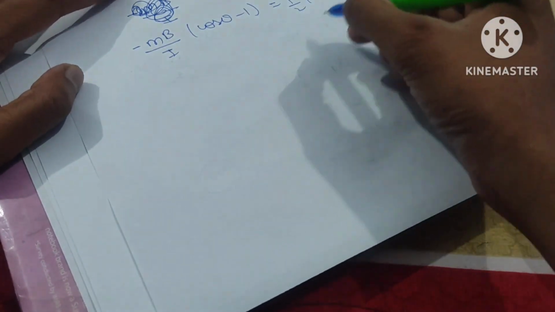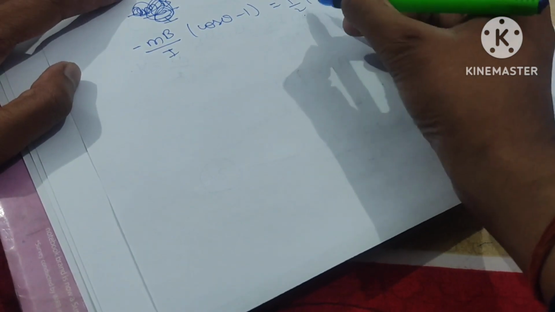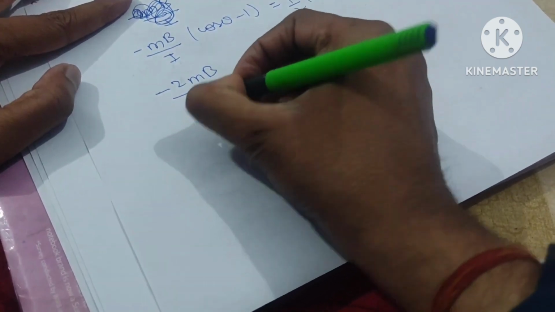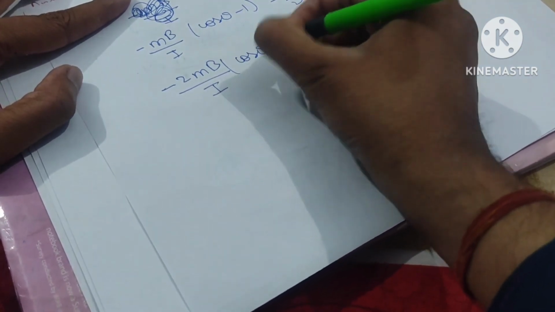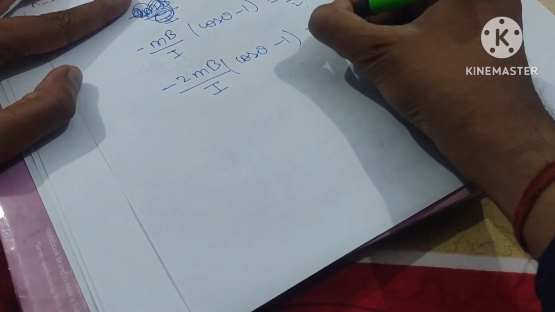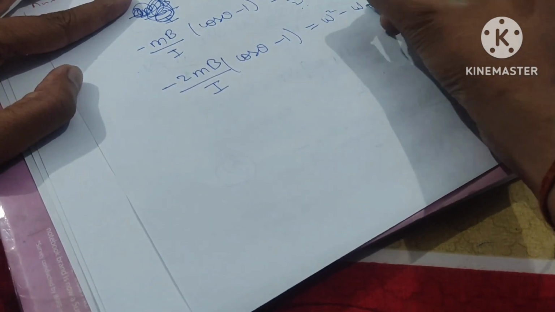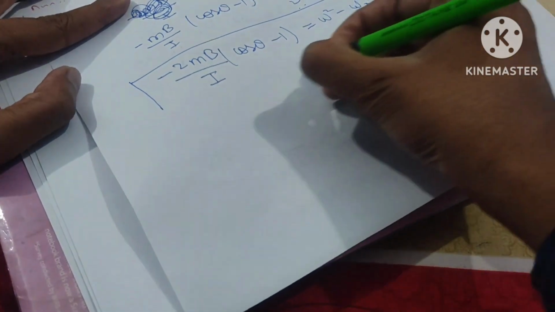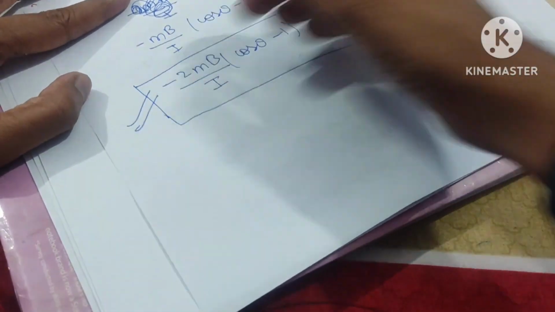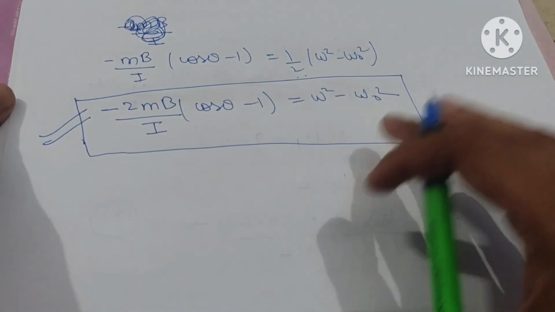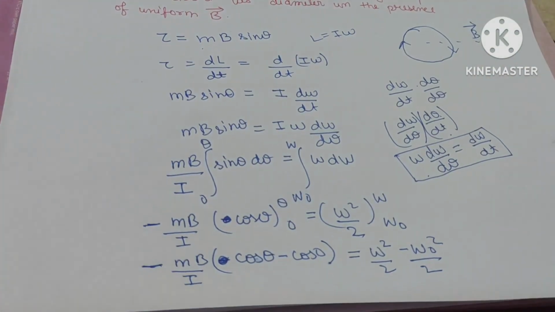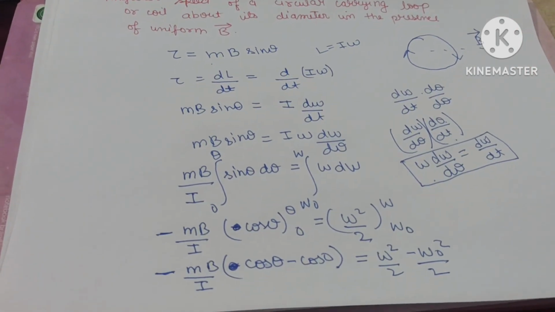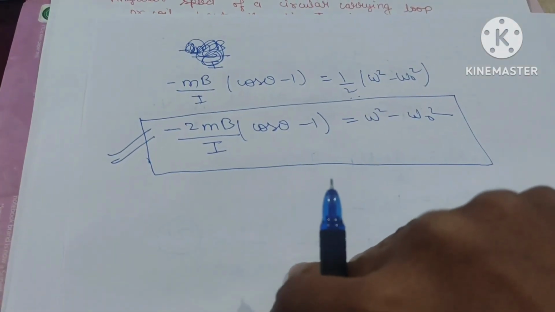Now we will cross multiply this, and it leaves omega square minus omega naught square. This is the final equation. Done.